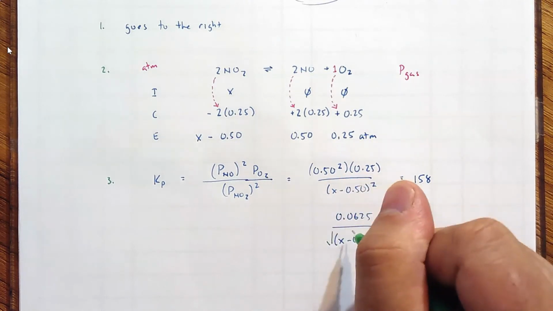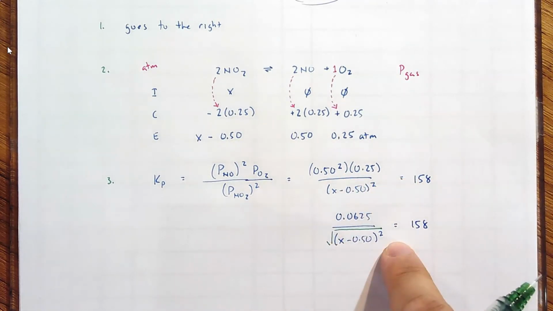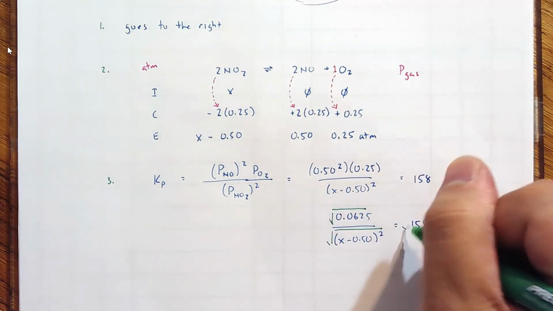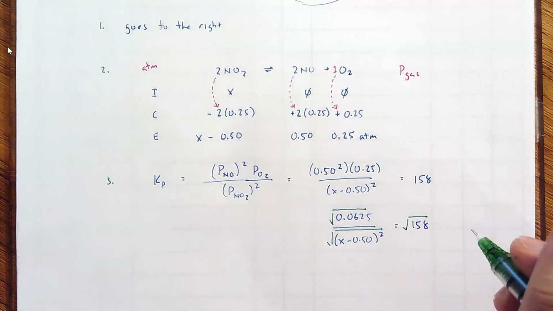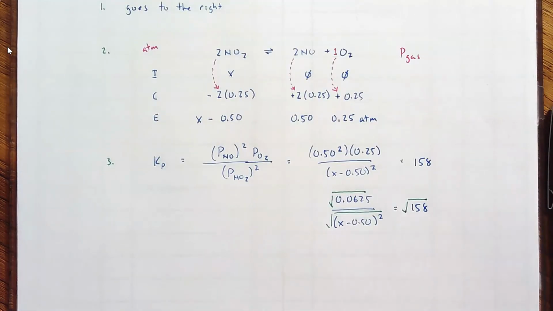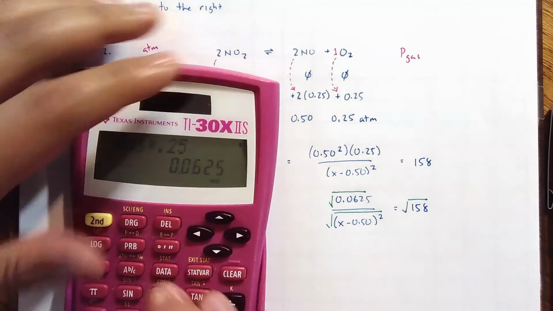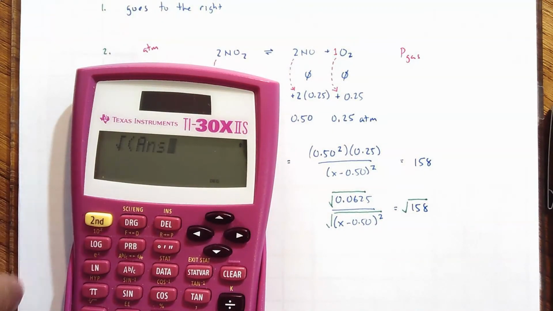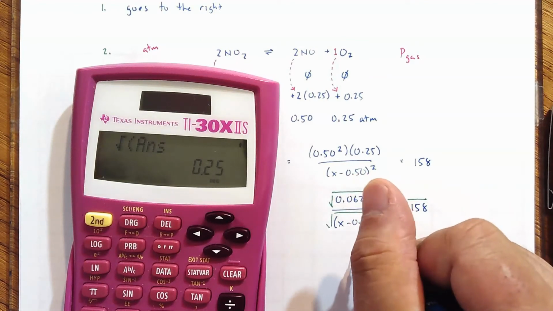So the square root of a square gives us the term, and then we just take the square root of everything else. Do the same for every term.